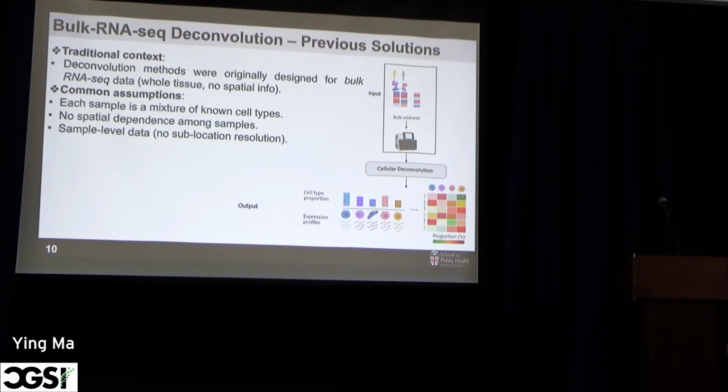Typically, the data is sample-level data, with no sublocation resolution. So this is the pipeline for bulk RNA-seq deconvolution. Given the bulk mixtures from each individual, where the sample represents each individual or subject, you want to estimate the cell type composition per individual, not per spatial location.